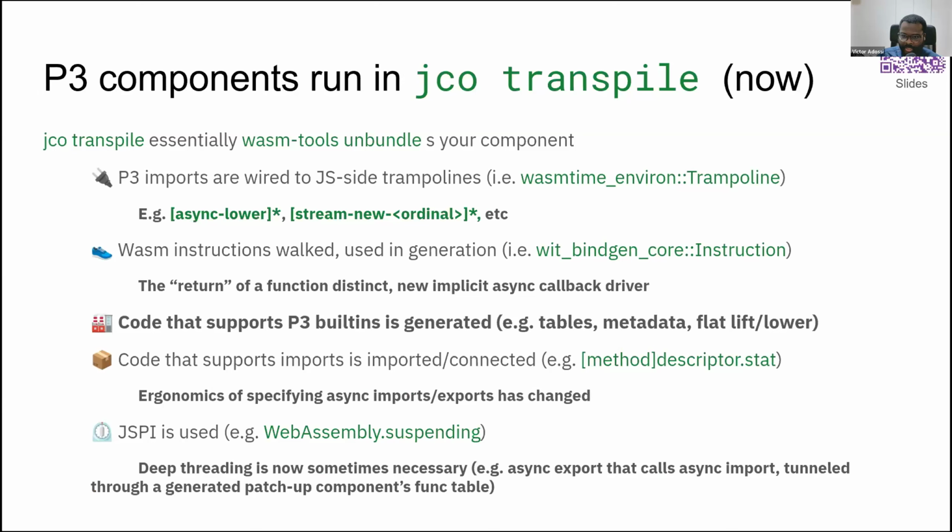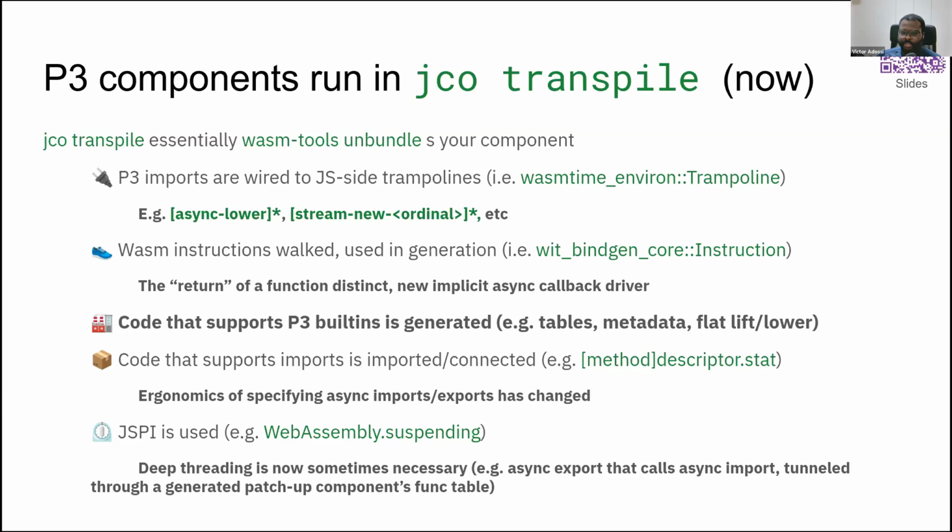So what's changing with P3 components? Everything I've talked about up until now is what JCO does for P2. But in P3, we basically have more support for more intrinsics and more pieces of the component model that are required for P3.